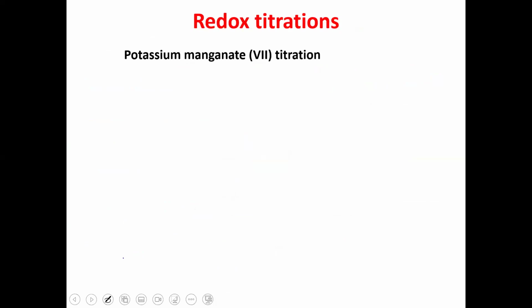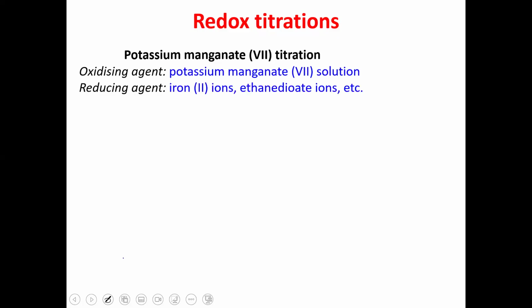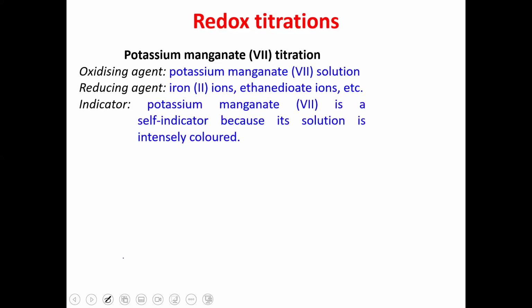Now comes the title, redox titration. What is a redox titration? It's a titration between an oxidizing agent and a reducing agent. We have the potassium manganate(VII) titration. Look at this: oxidizing agent, potassium manganate(VII) solution; reducing agent, iron(II) ions, ethanedioate ions; and indicator.